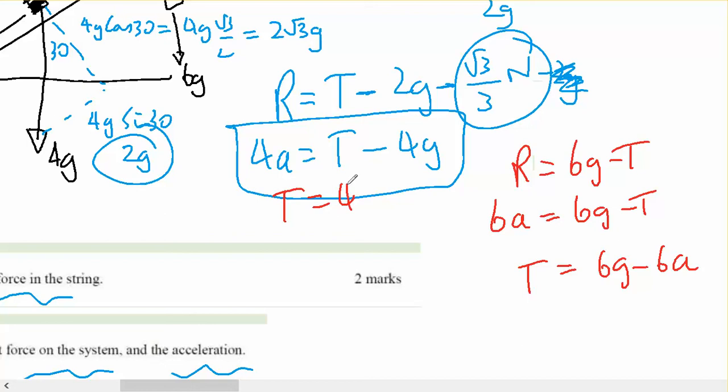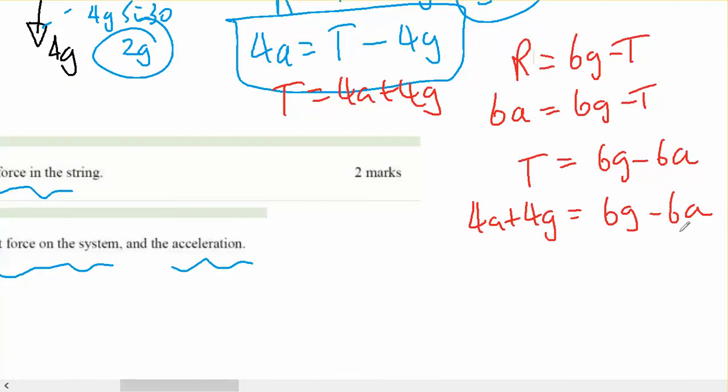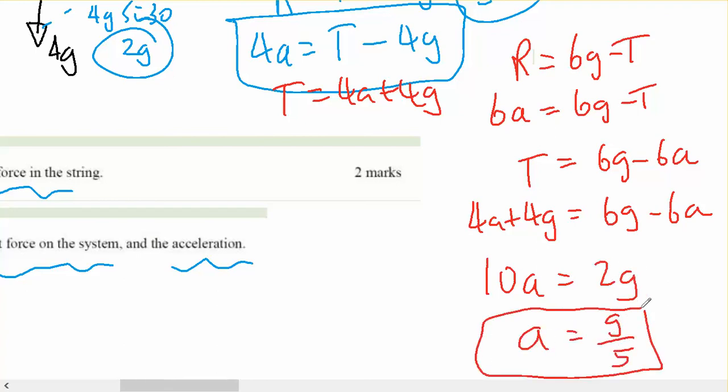T equals 4a plus 4g. I can make the two T's equal together and go 4a plus 4g equals 6g minus 6a, which gives me 10a equals 2g. a equals g on 5 as being my acceleration.